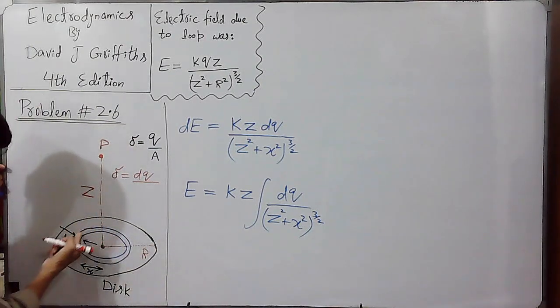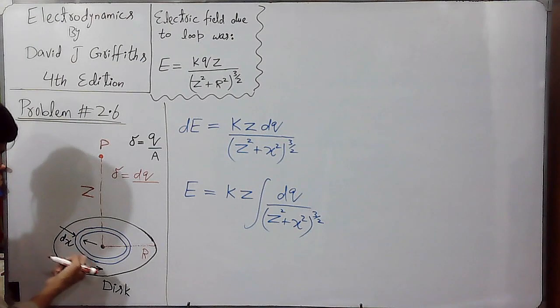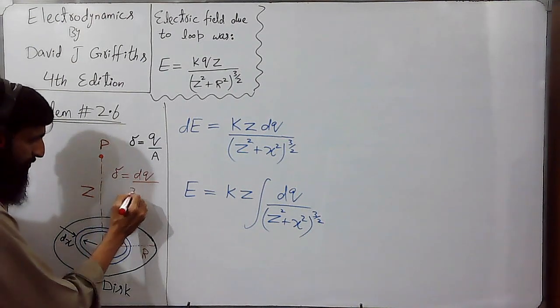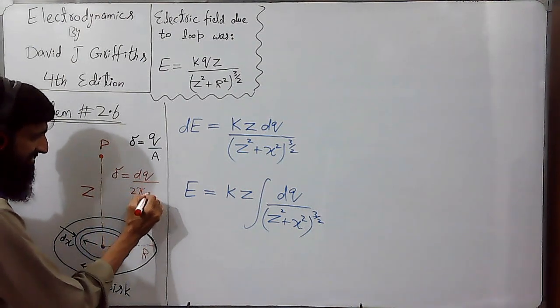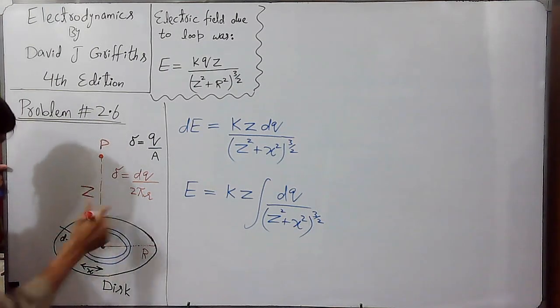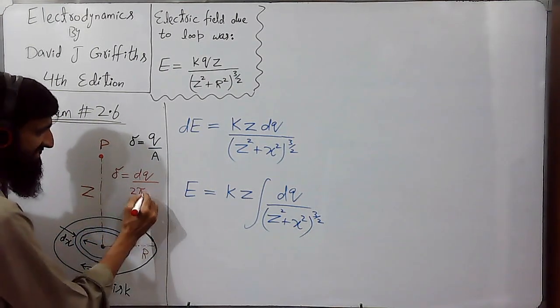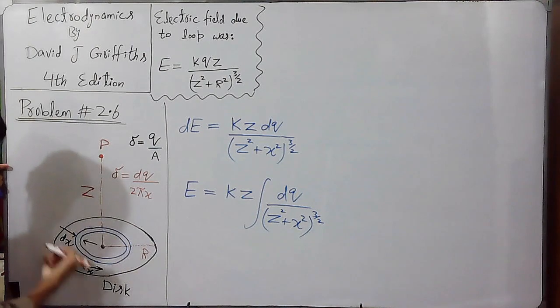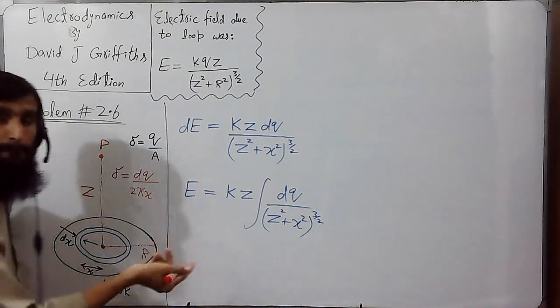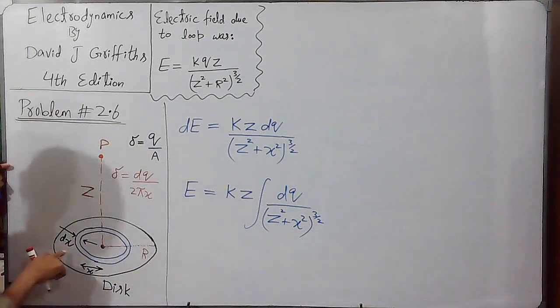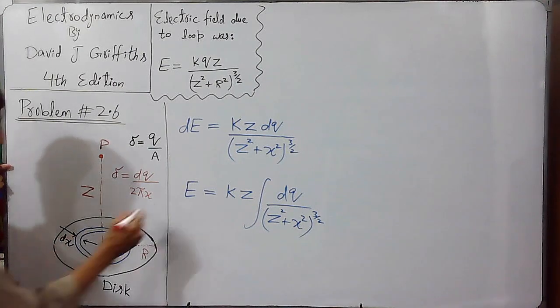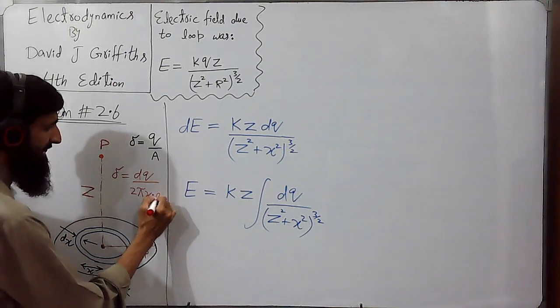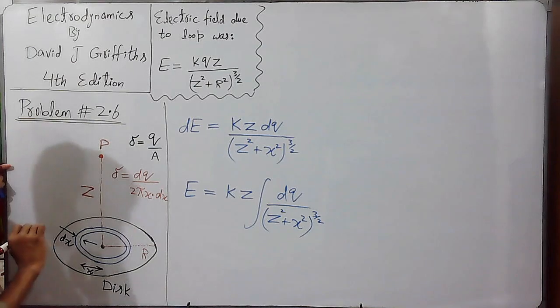Now what will be the area of this loop? Its area will be equal to its length, that is its circumference 2 pi x, multiplied by its width. What is its width? Its width is named as dx.